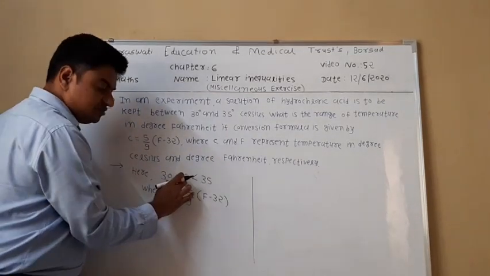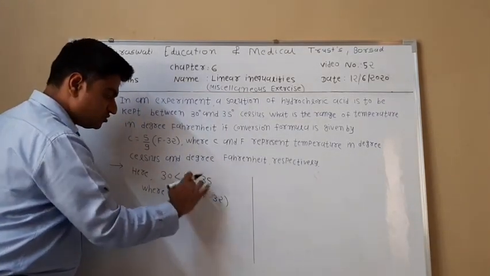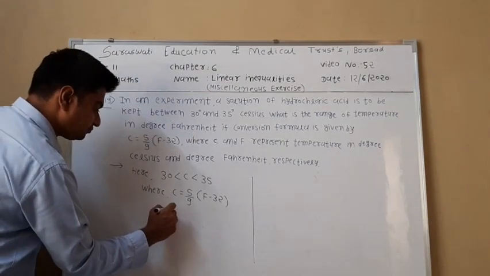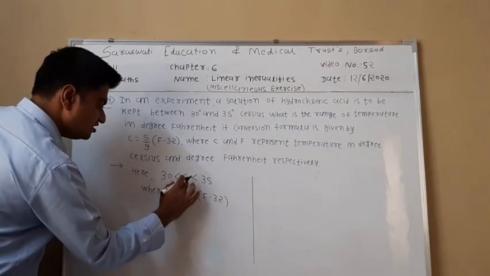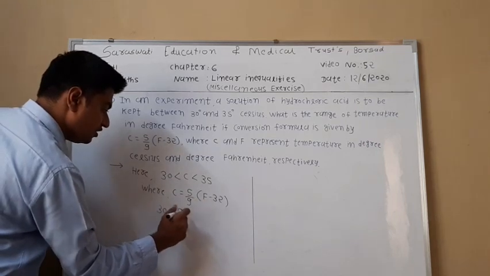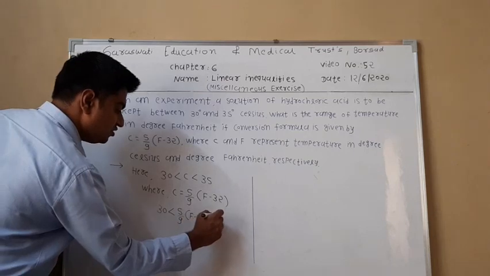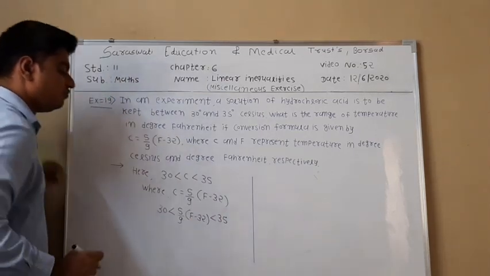In this equation, substitute this value in place of C, so we write 30 < 5/9 (F - 32) < 35.